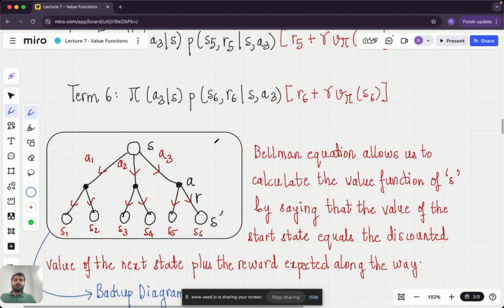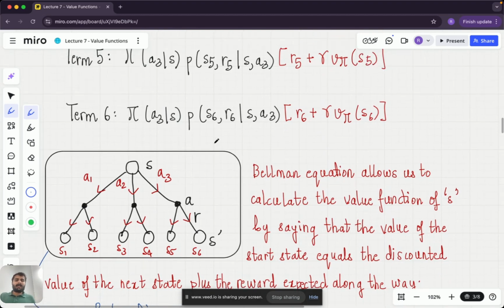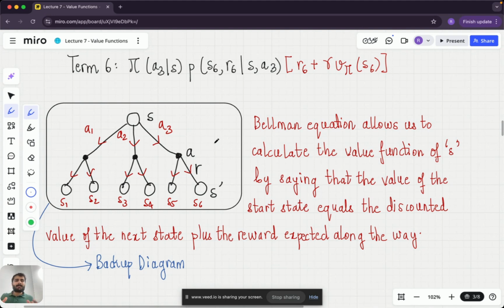This particular diagram that we have used is called a backup diagram. The backup diagram shows the link between one state, the possible future states, the possible actions from one state, etc. So it's like a visual way of representing how the agent is interacting with the environment.